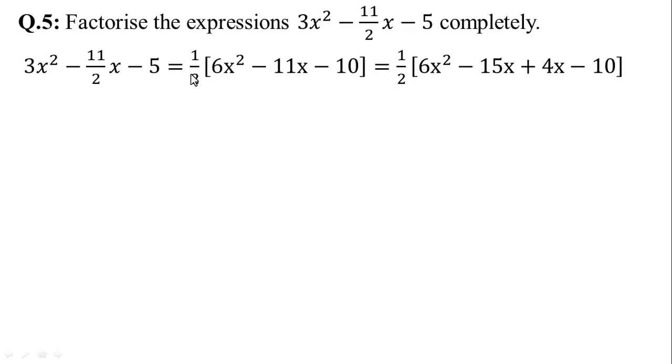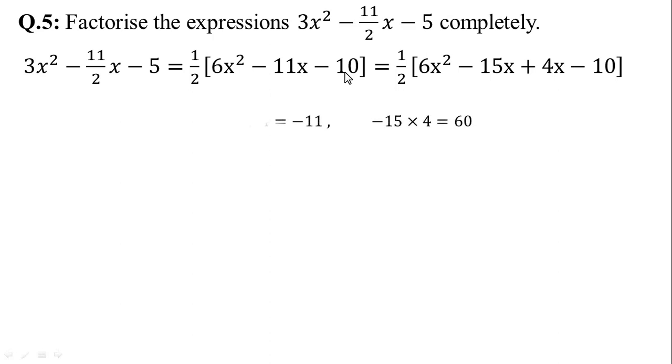So we have 1 upon 2, here 2 is multiplied, so the answer is 3 2s are 6, so 6x square minus 11x minus 5 2s are 10. So this equation changes into linear form 1 upon 2 into 6x square minus 11x minus 10.